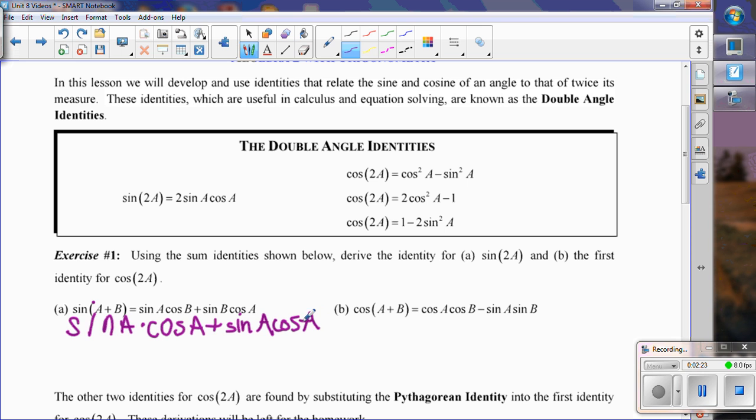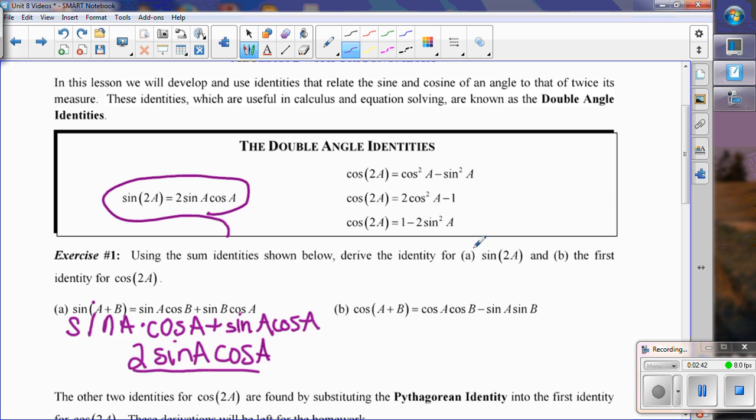You notice that we have two of them, so we end up really with 2 sine A cosine A. And this is the formula that's given up here.